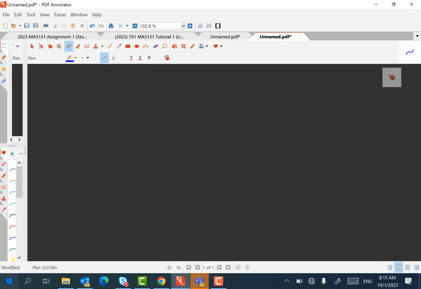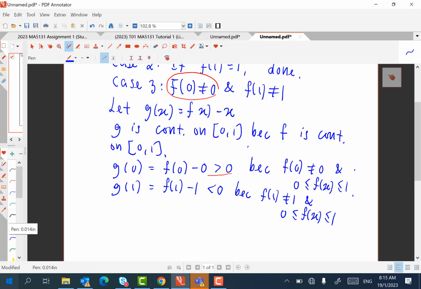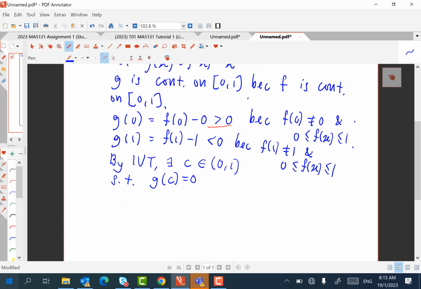So you say by IVT, there exists c, an element between 0 and 1, such that g(c) is equal to 0. Why 0? Because 0 is a number that is between a negative and a positive.